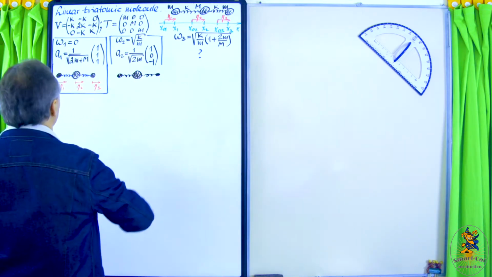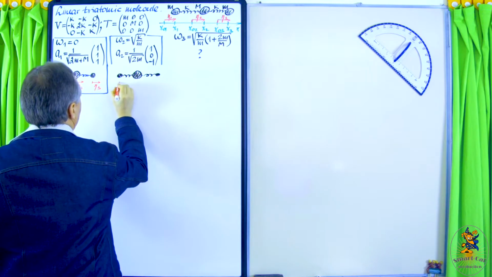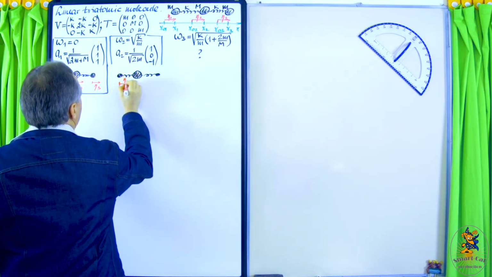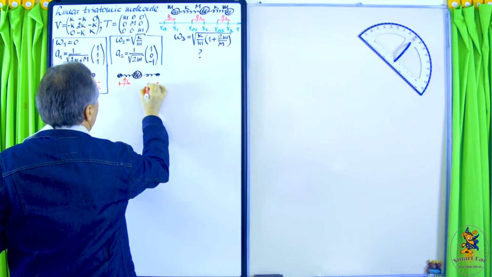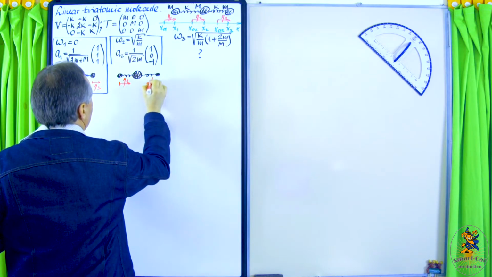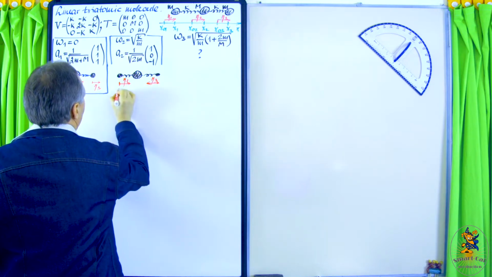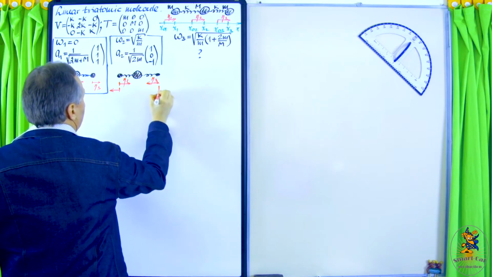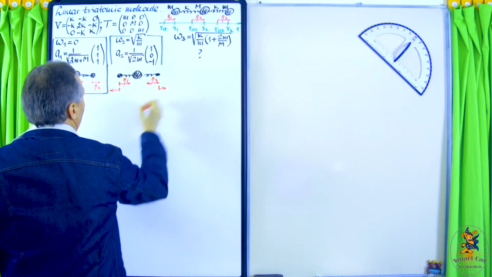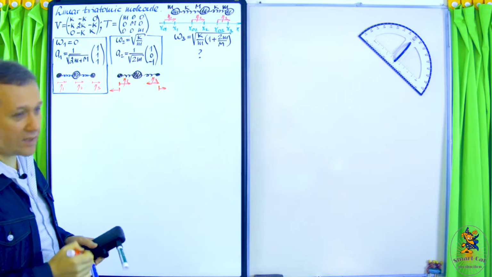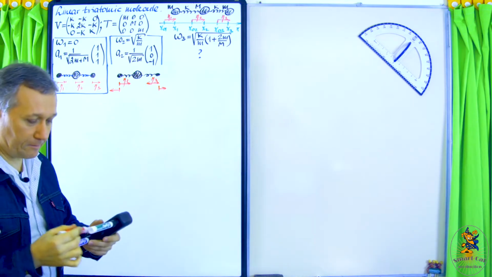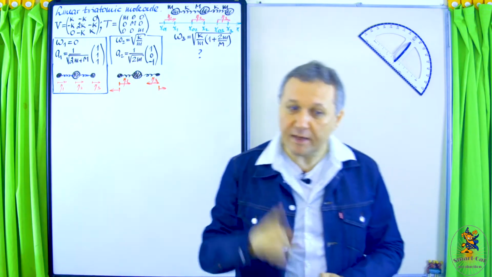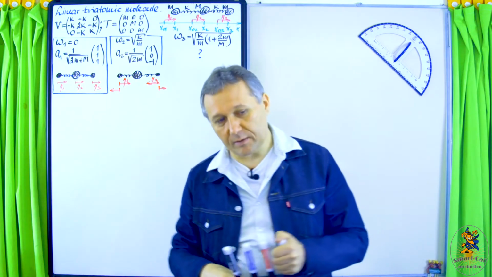If, for example, this mass moves this way, it is eta 1, this will be moving in the opposite direction, so this will be eta 3. Or if this moves in this direction, of course, this will move in the opposite direction with the same amplitude. So pretty much they move in such a way that the center of mass stays at the same place.